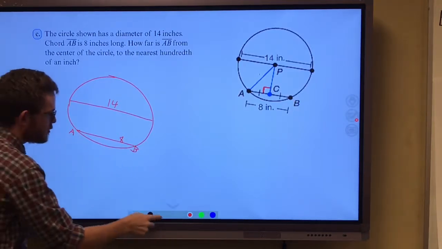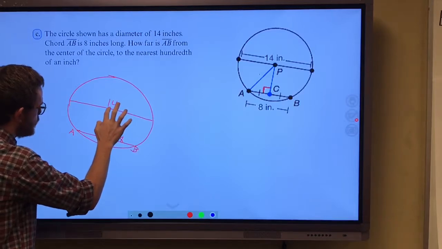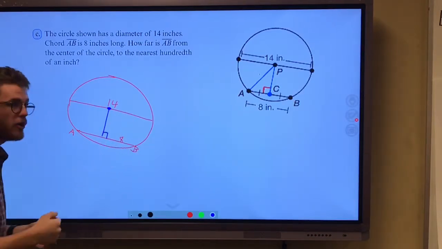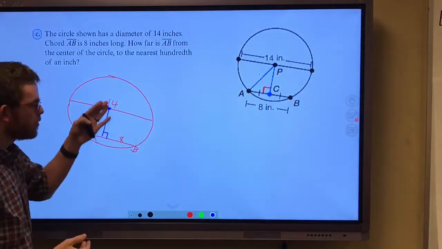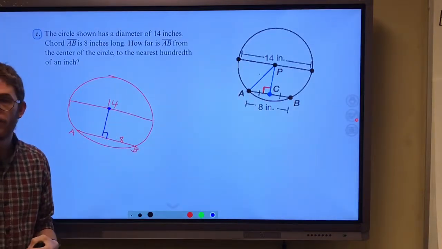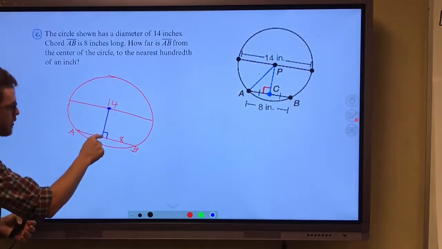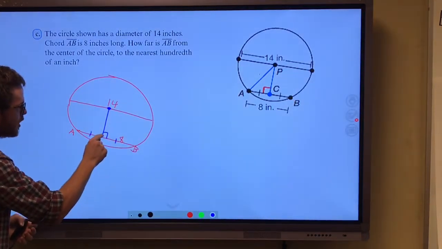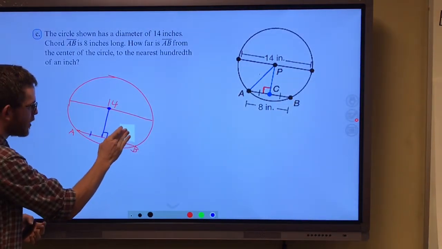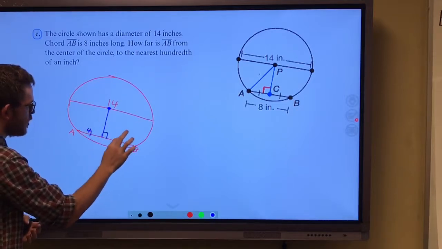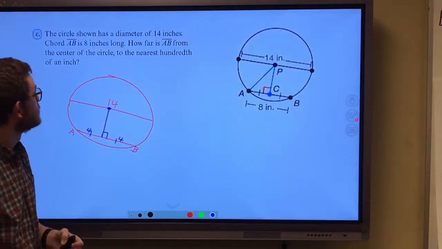And how far is this from the center of the circle? We know because we're talking about the distance from a line to a center, we're talking about a perpendicular segment, and a perpendicular segment to a chord is always going to cut it in half. So 8 all the way across means there's 4 in each section.